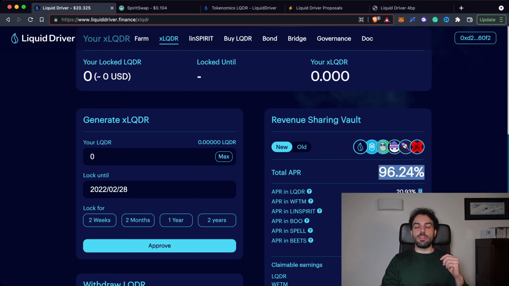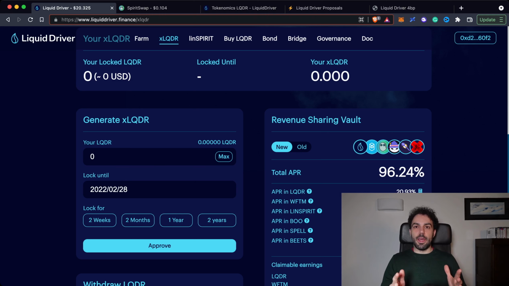And if you're wondering where this kind of APR comes from, it is pretty simple. The first APR that is paid to your LP tokens is paid with the tokens of the platform, so it is just inflation. And in that moment, the Liquid Driver protocol is collecting all the rewards on your behalf. So it is accumulating rewards from Spiritswap, Spookyswap, Beethoven X, and so on.